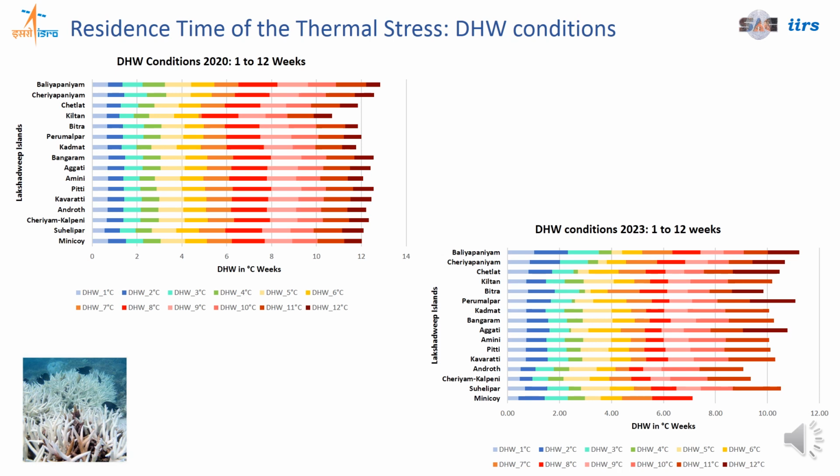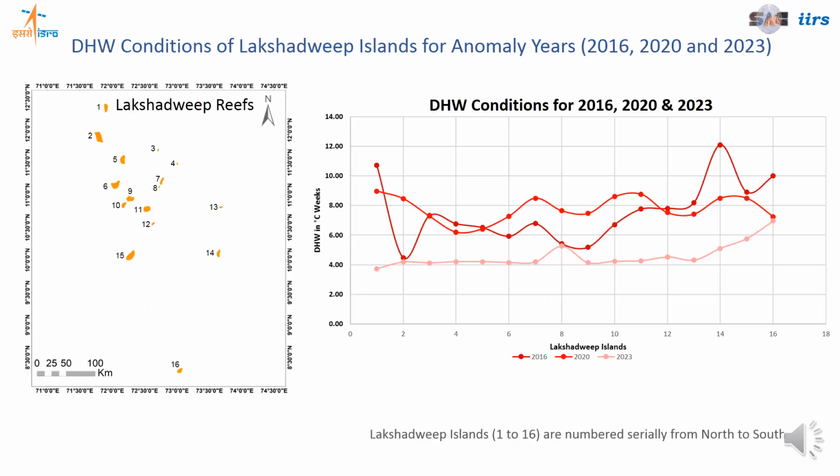But in case of 2023, which is this year itself, a few of the islands have crossed the DHW mark of 10, and few of them are yet to reach that. Specifically, the northern islands and the central islands, a few of them have reached this particular mark of DHW 10, which is considered a very high value in terms of DHW scores.